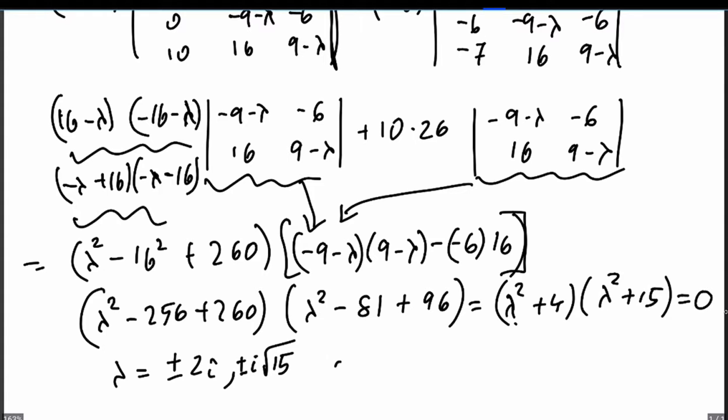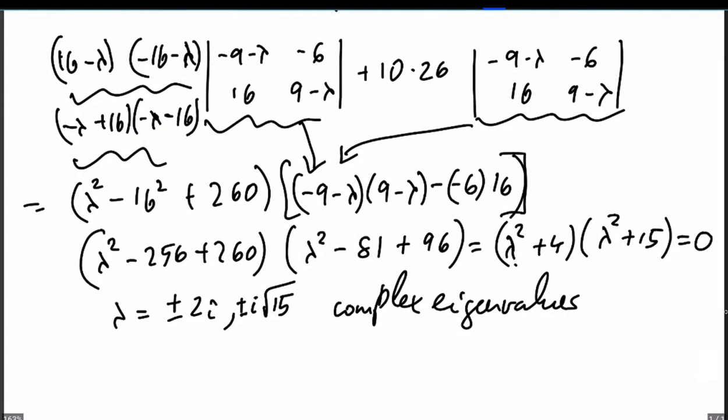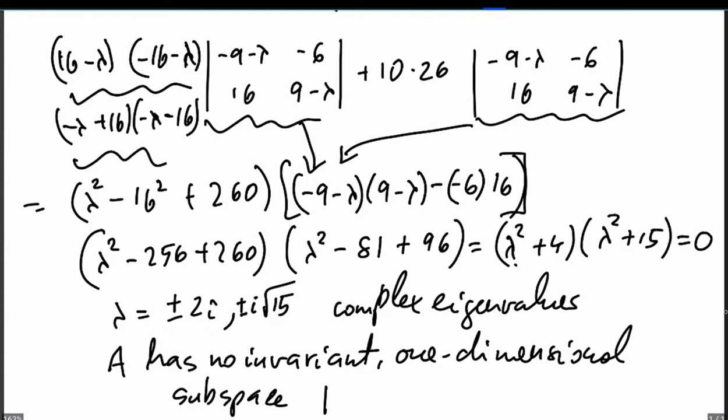So these are complex eigenvalues, which means that, again, A has no one-dimensional invariant subspace. And A is acting on the R4 vector space, since this is a 4 by 4 matrix.